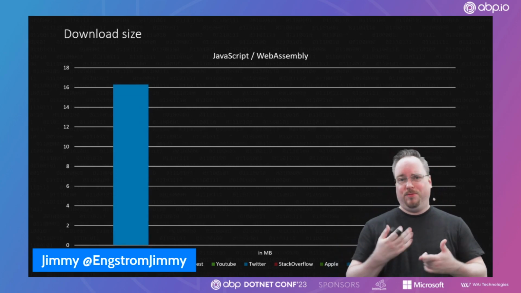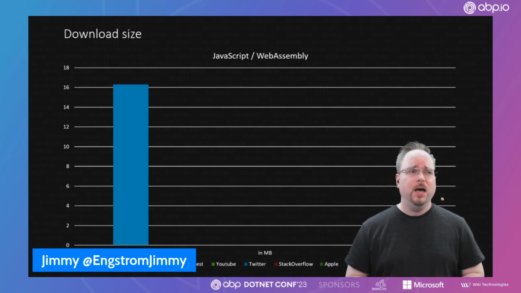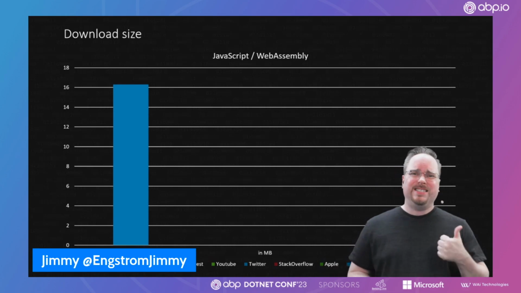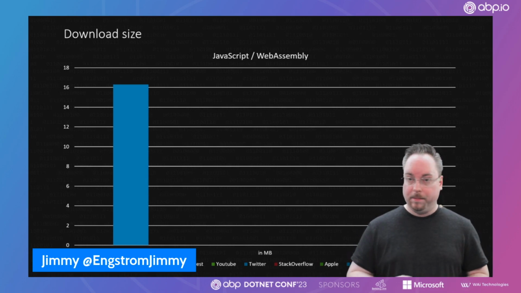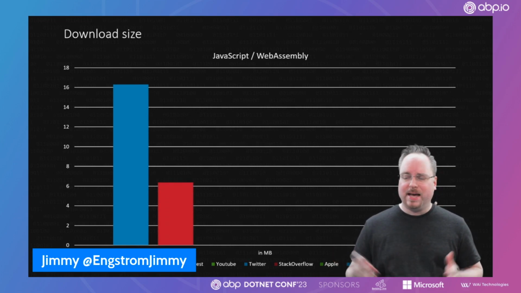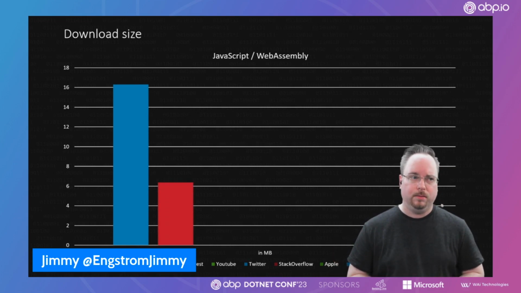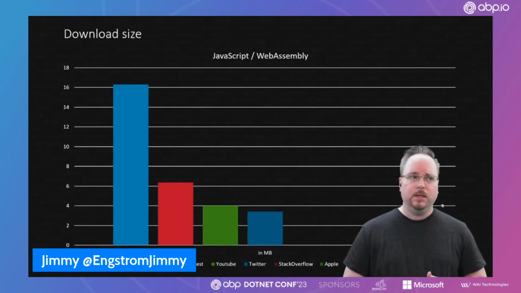So I measured Facebook. Now this data is a little bit old, to be honest, but Facebook had 16 megabytes of JavaScript. I'm not measuring pictures or HTML or anything like that. 16 megabytes of JavaScript. Pinterest had 6.3 megabytes. YouTube had 4 megabytes.